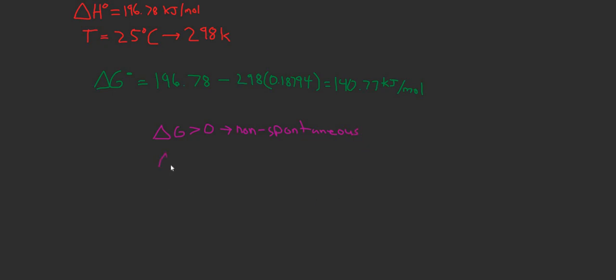If your delta G is equal to 0, so if your delta G winds up equaling 0, we have a case of chemical equilibrium, which delta G and equilibrium have a very interesting relationship with one another.